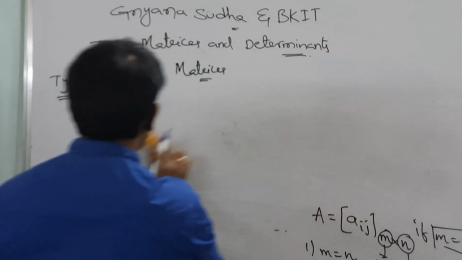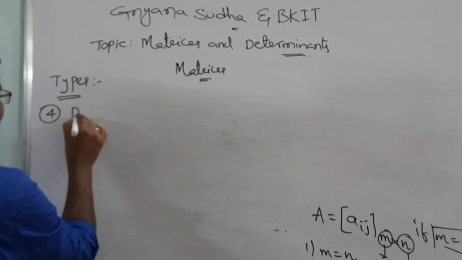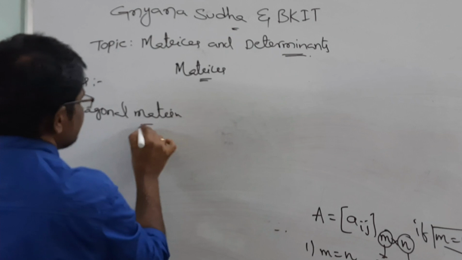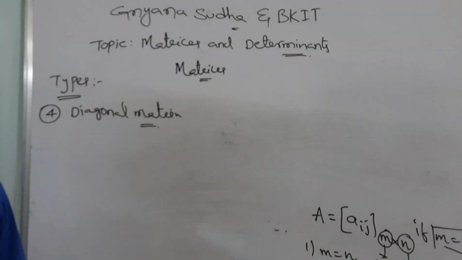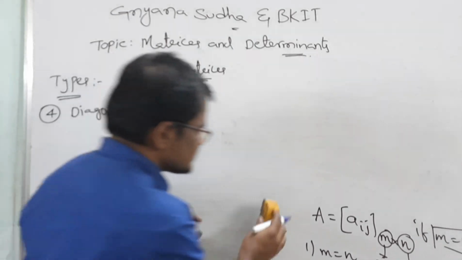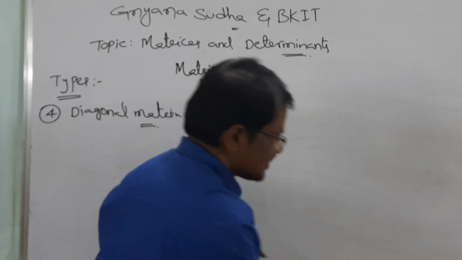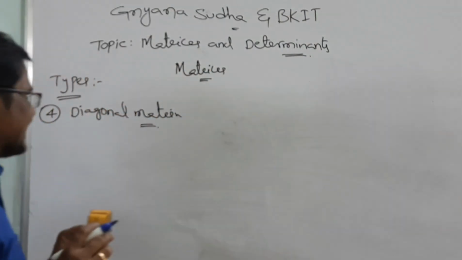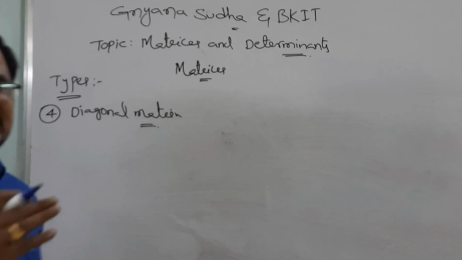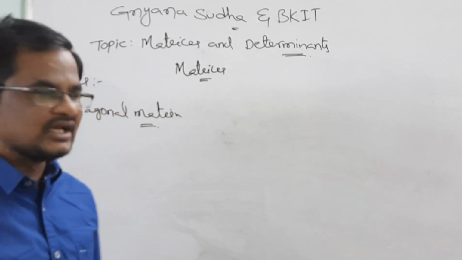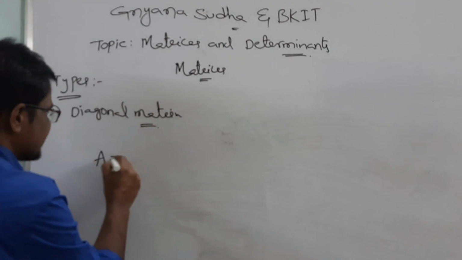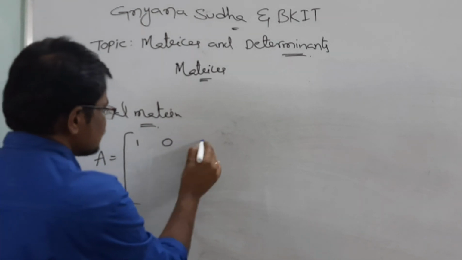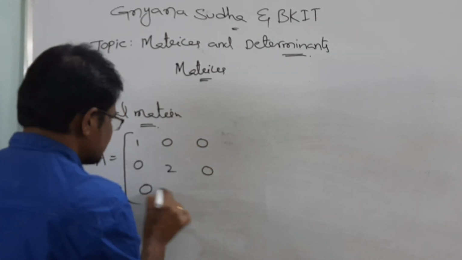Next one, which is important, is the fourth one, diagonal matrix. A square matrix is said to be a diagonal matrix when all its non-principal diagonal elements are zero. Let me take one example and you will get the idea: 1 0 0, 0 2 0, 0 0 3.